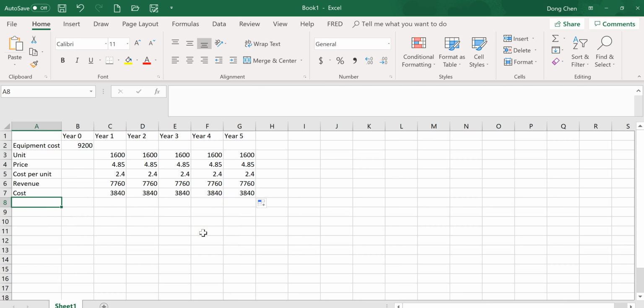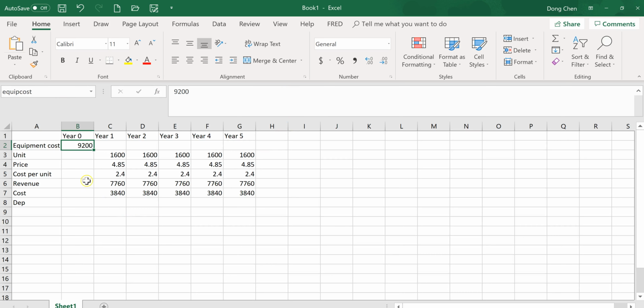And then I can calculate the depreciation. In order to calculate depreciation, let me rename this. Right now it's only B2, so let me rename this as EQUIP, equip cost.